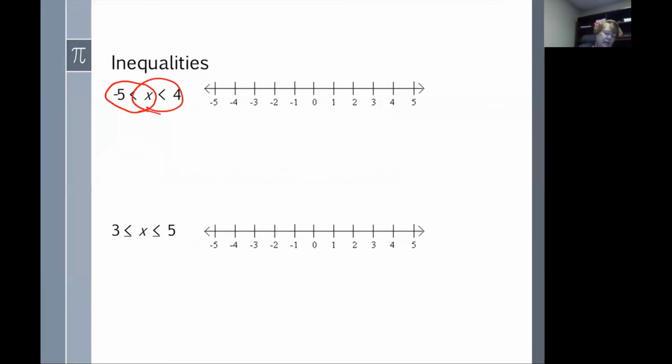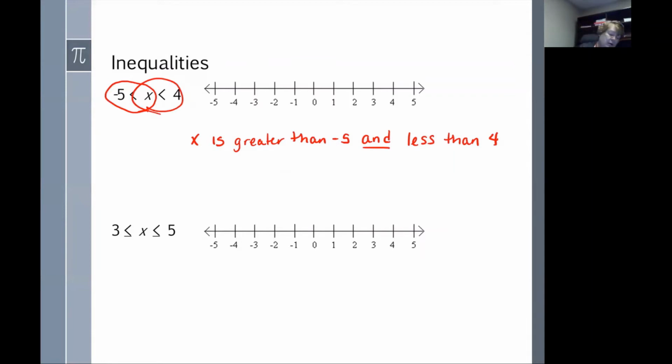So this is read, x is greater than negative 5 and less than 4. So what does that mean? That means all the numbers between negative 5 and 4.